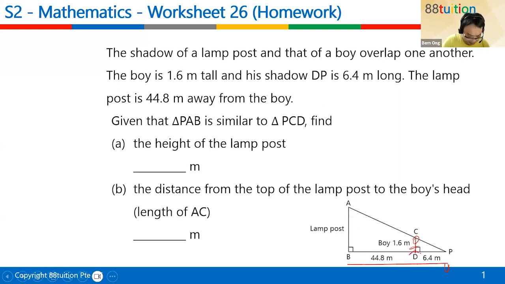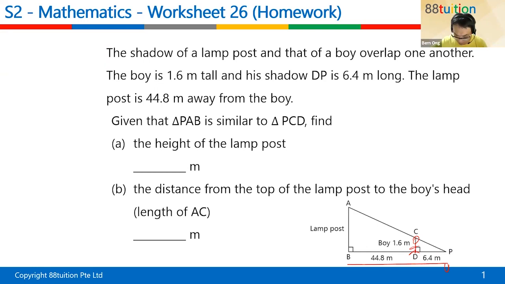So the boy is there, and the shadow of the boy will be where? If P is the light source, around here, is it? Or where? I also don't know. The boy is 1.6 meter tall, and the shadow DP is 6.4 meter. The lamp post is 44.8 meter from the boy. So where's the shadow? Where's the overlap?